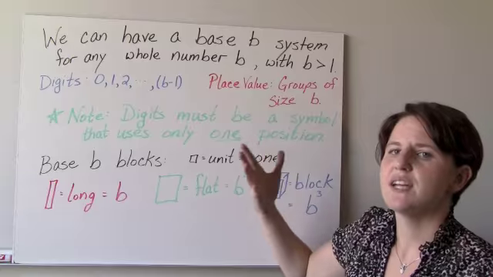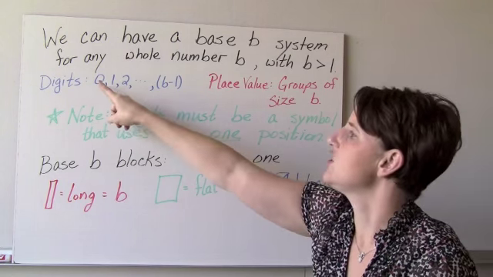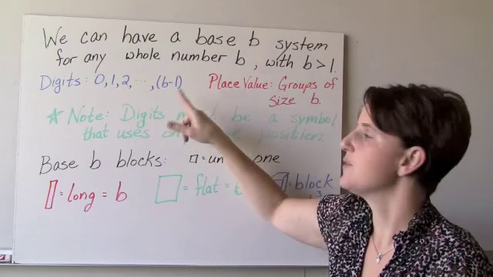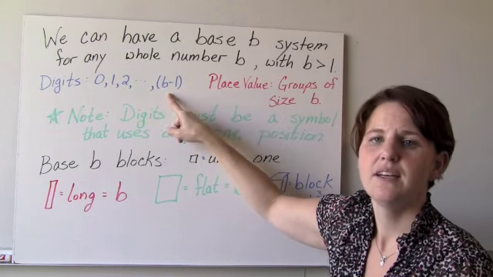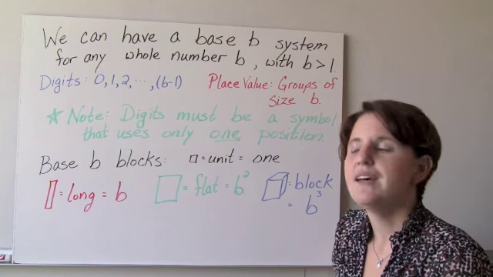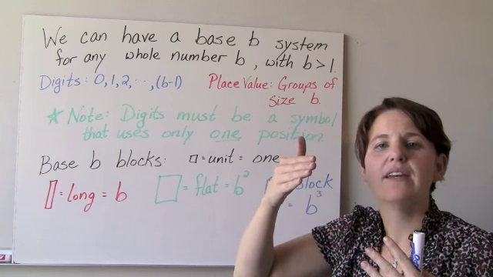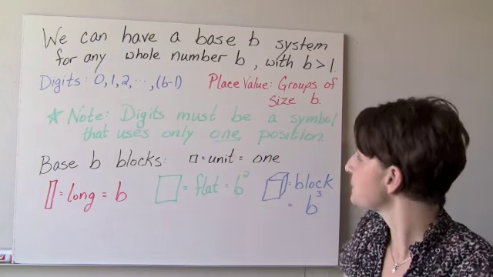So if we look at the general base B system, we have the digits 0, 1, 2, up through B minus 1. And then our place value is based on groups of B. So once you get B things together, you're going to move on to the next place value.